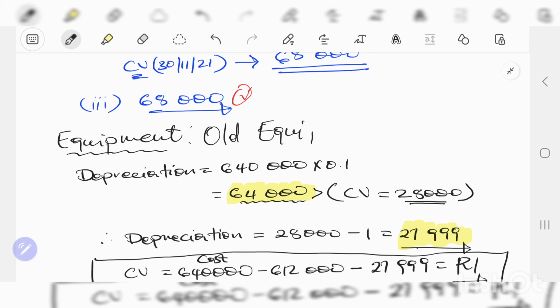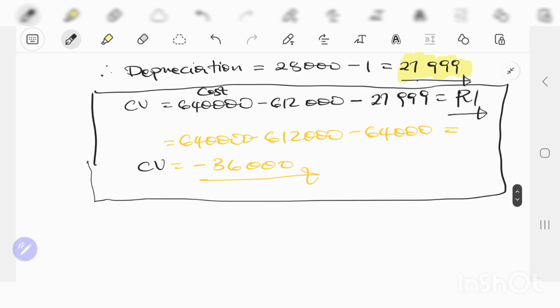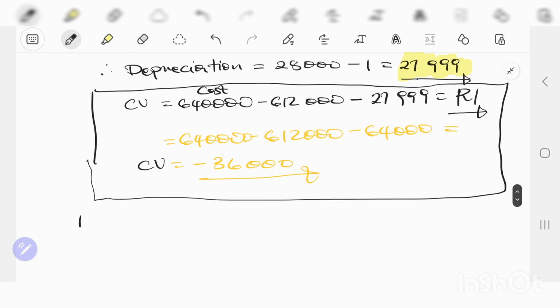We have calculated it to be 27,999. So now we need to work out the depreciation of the new equipment. So let's calculate the depreciation of the new machine that you bought.